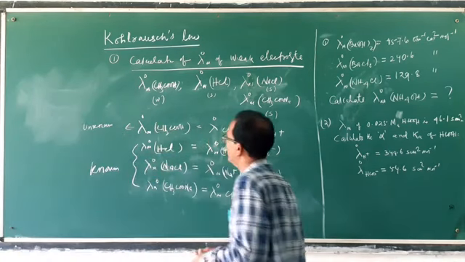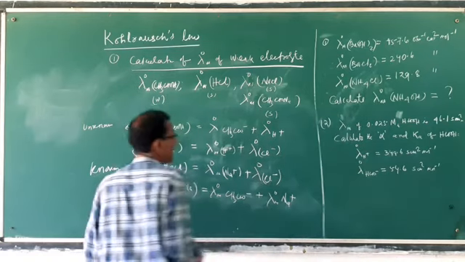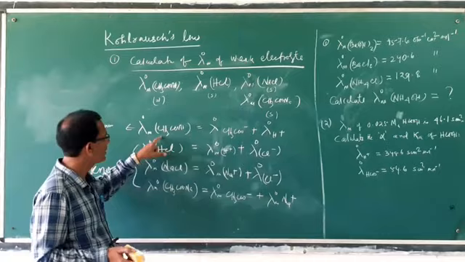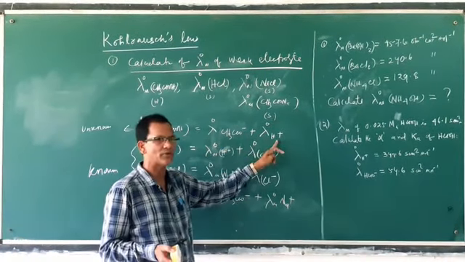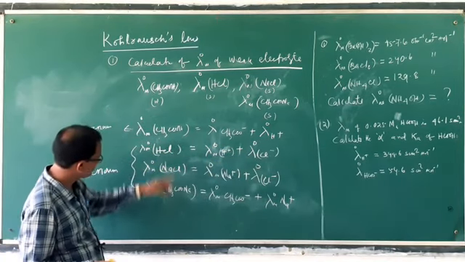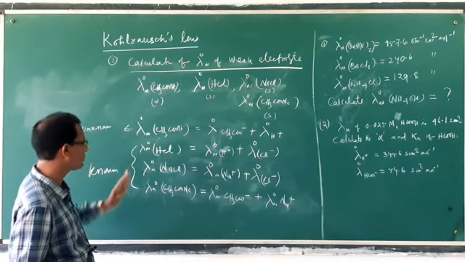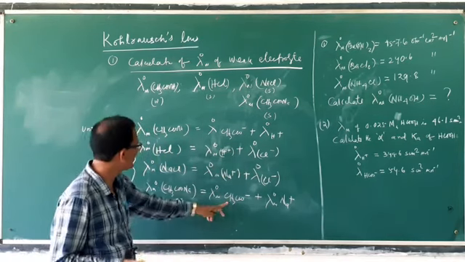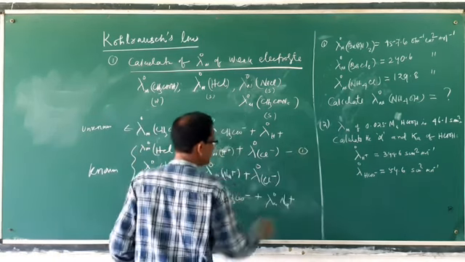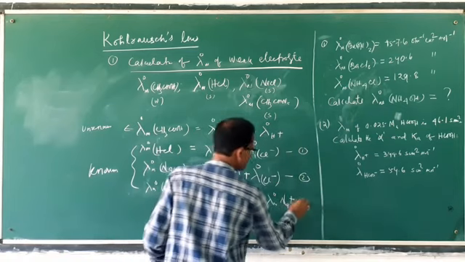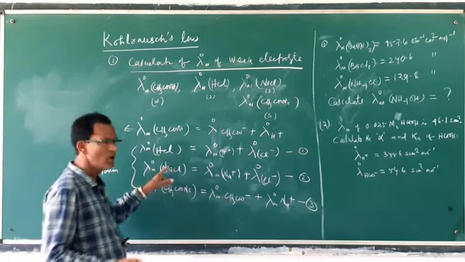Just see, to get acetic acid, what are the ions available in acetic acid? Here the ions available are acetate ion and H plus ion. So in the given data, in which electrolyte is the acetate ion present and H plus present? This is your equation 1, equation 2, and equation 3.